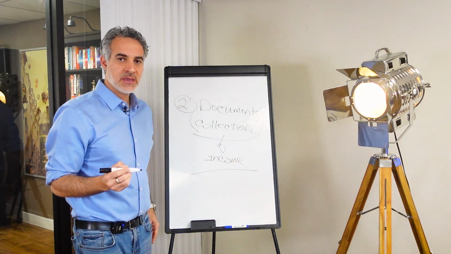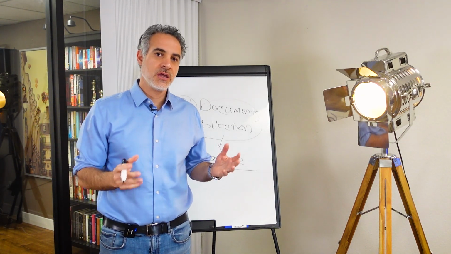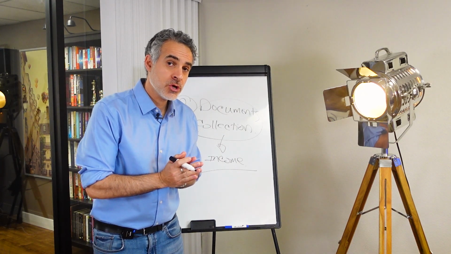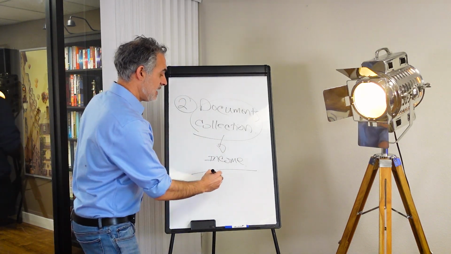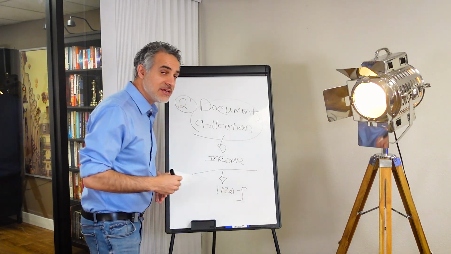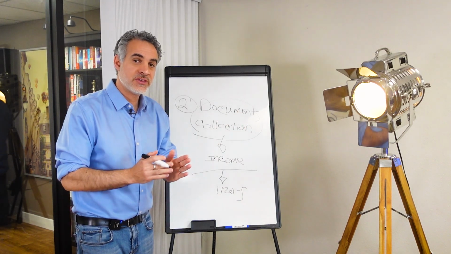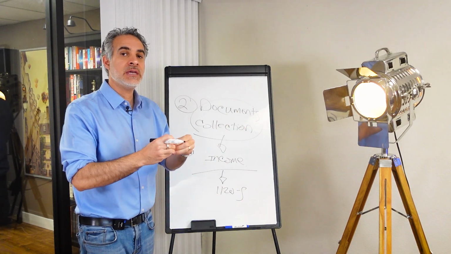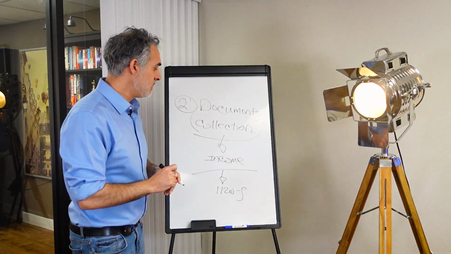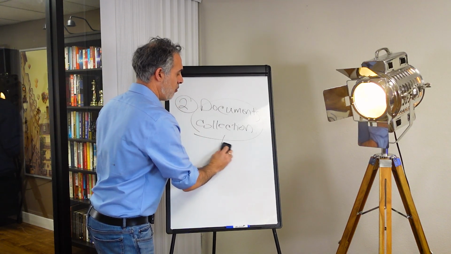And the reason being is that every single business, typically, if you're running a corporation, most corporations run as an 1120S. That is the most common. And the first page of the tax return is actually a profit and loss. And what do I mean by a profit and loss, and why is that important?